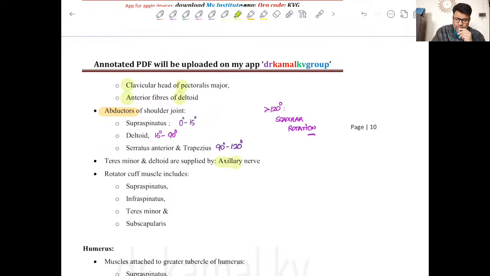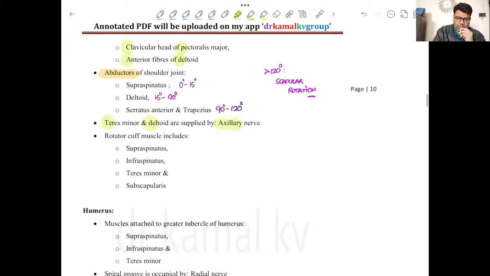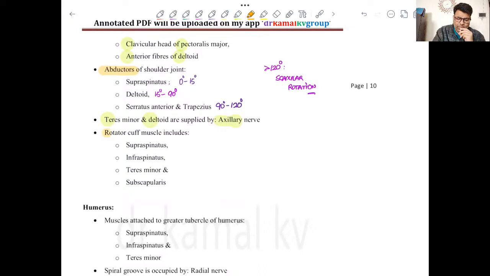The axillary nerve supplies two muscles, deltoid and teres minor, and the muscles in the rotator cuff can be remembered by the mnemonic SITS: supraspinatus, infraspinatus, teres minor and subscapularis. Please note that this is teres minor. Do not mix it with teres major.